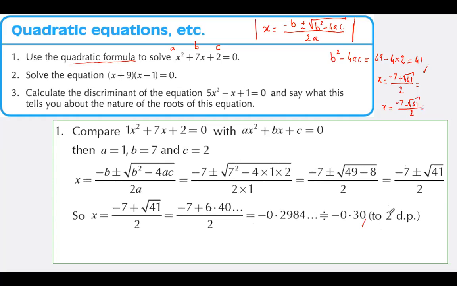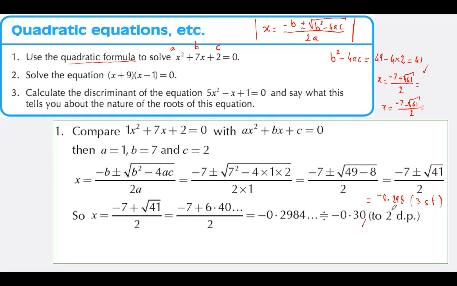If you say 2 decimal places, you would put 0.30. If you don't want to worry about knowing how to round this, you could have just said this is negative 0.298, 3 significant figures. It's up to you. If they don't ask you, then you've got less chance to make a mistake.